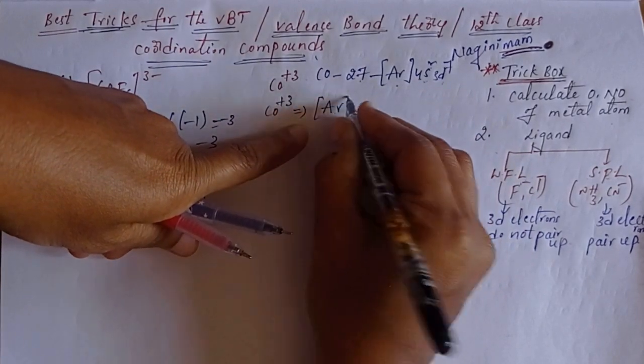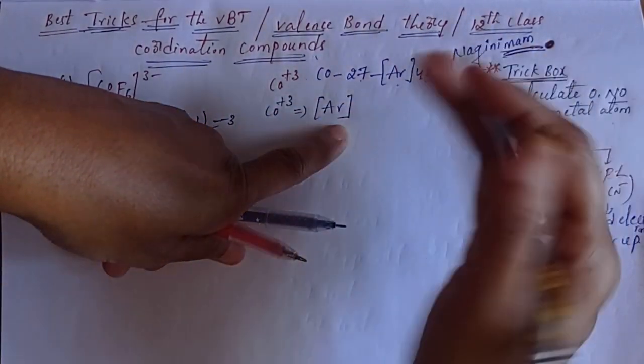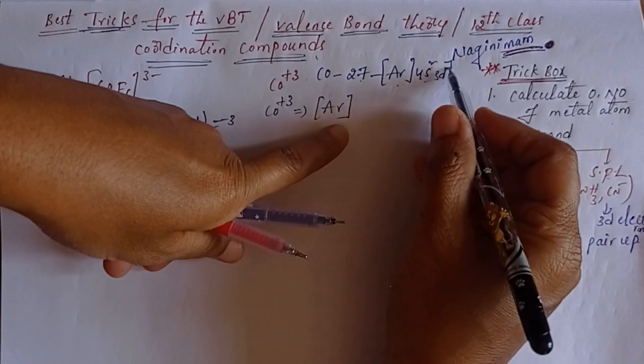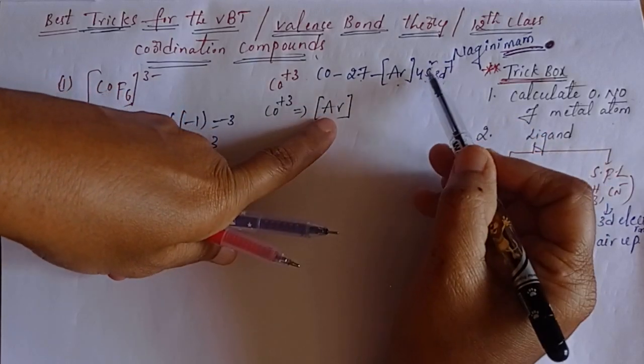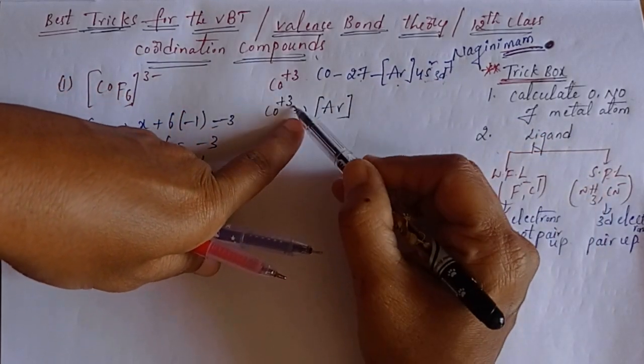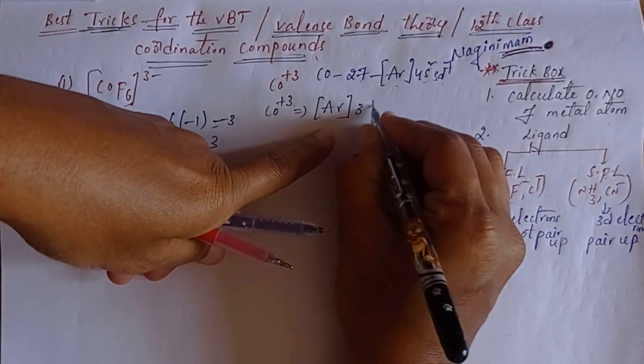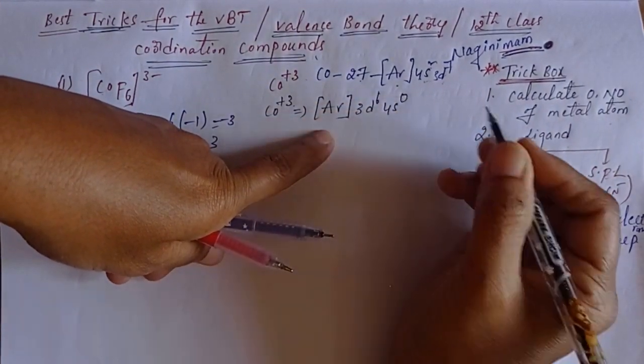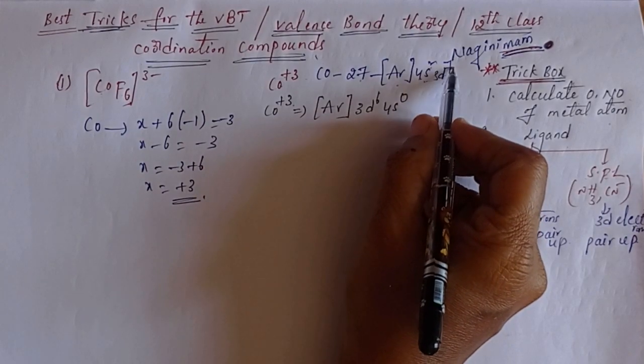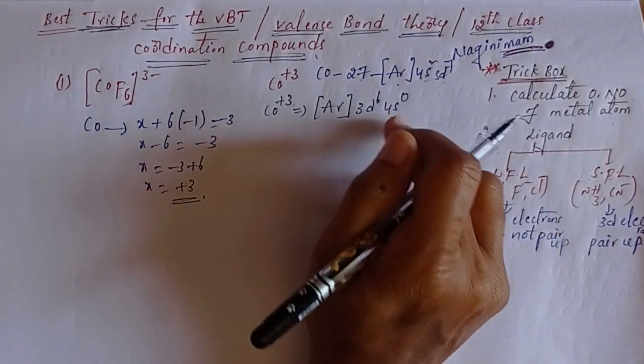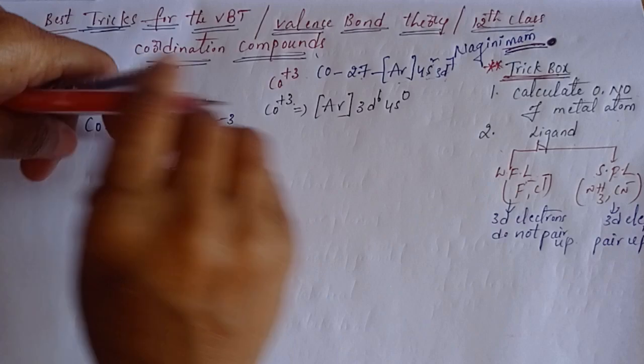Argon, from 4s 2 electrons completely lost, from 3d7 1 electron lost. Here 2, here 1, total 3 electrons lost. So that's why I'm taking it as 3d6 4s0.